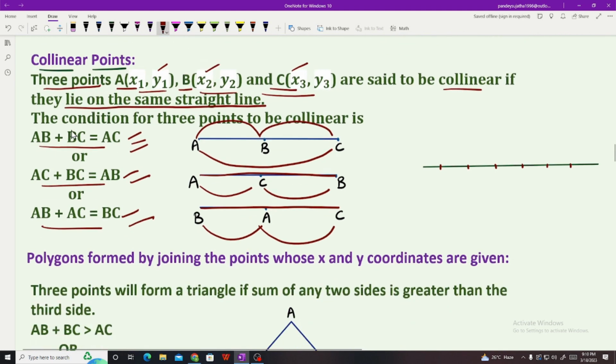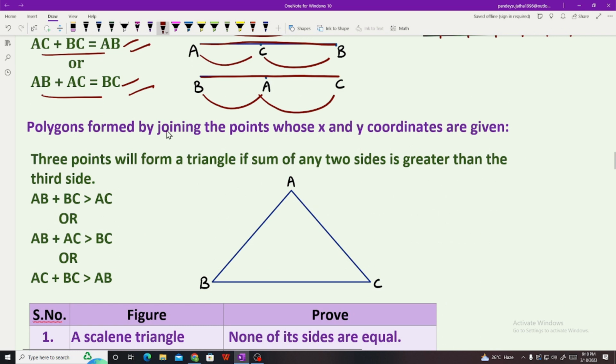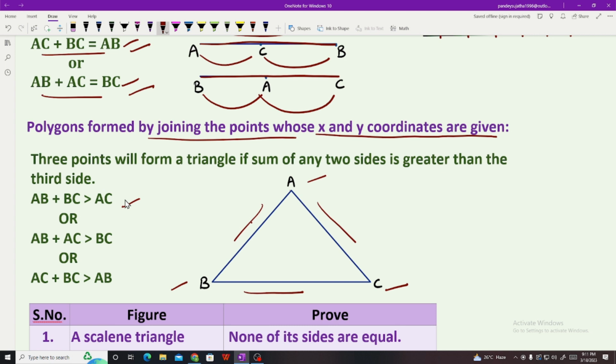Now let's see the polygons formed by joining the points whose x and y coordinates are given. If 3 points are given, to show that when we join these 3 points we get a triangle, we need to prove that the sum of any two sides, that is AB plus BC, is greater than AC, or AB plus AC is greater than BC, or AC plus BC is greater than AB.